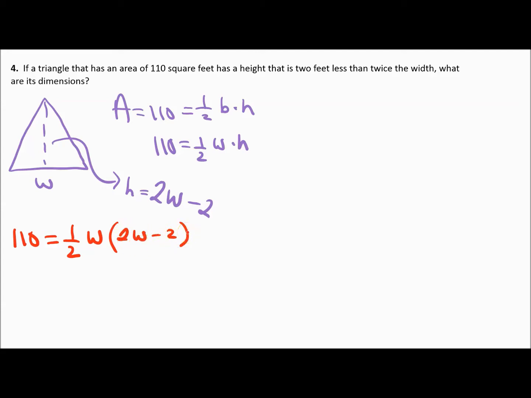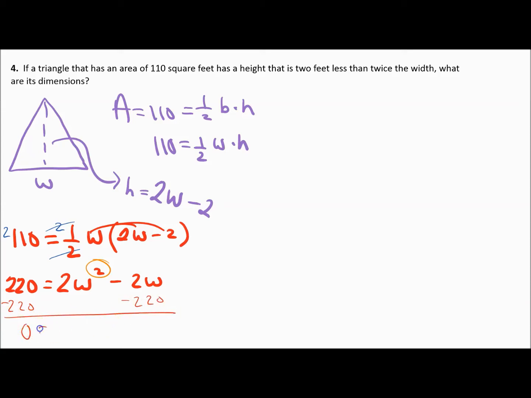Or I could make my life easy and just multiply both sides of this equation by 2, and boom, this fraction's gone. So now I have 220 is equal to, now I'm going to distribute this inside, 2W squared minus 2W. Notice I have a quadratic equation because of the square, which means I need to get this thing equal to 0 by subtracting 220 from both sides.